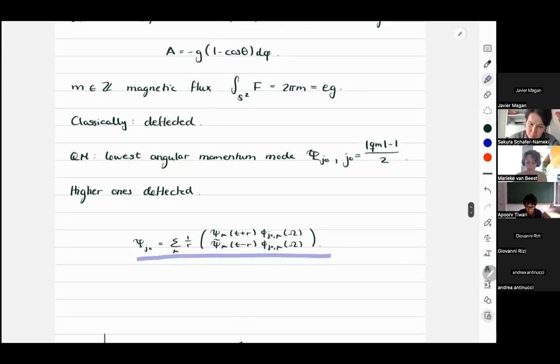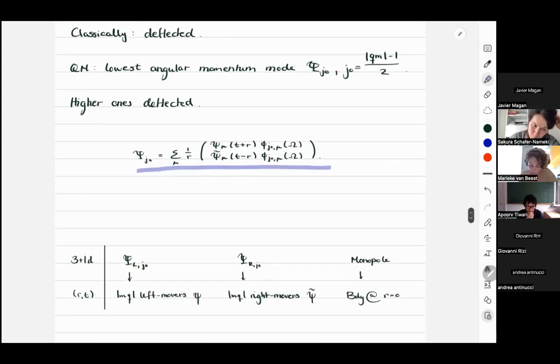So you get a chiral theory. So essentially what happens then is that the dynamics reduce to a 2D theory, to a 2D BCFT.